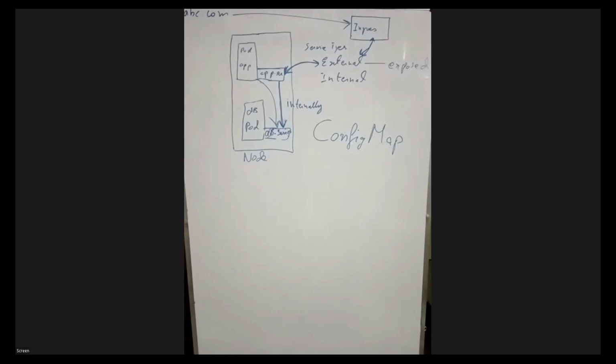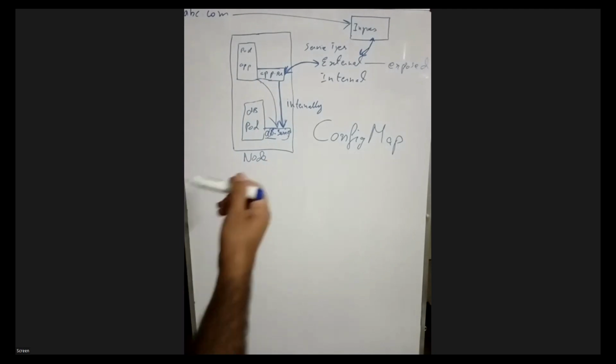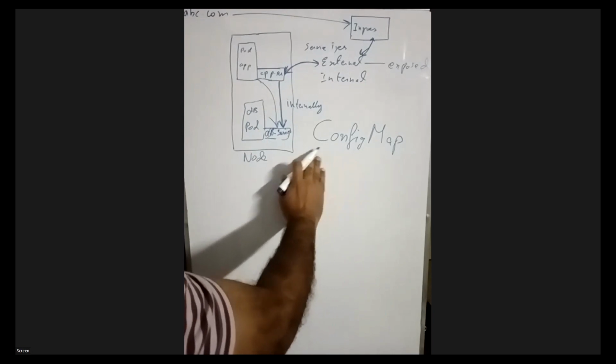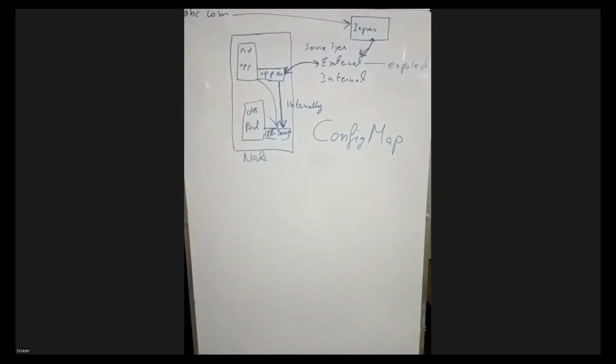So what we will do is, in our application, I have a MySQL connection string, and I have defined a database service name in our connection string. And if the database service name is changed, what we need to do is change the name to the newer name in our connection string.